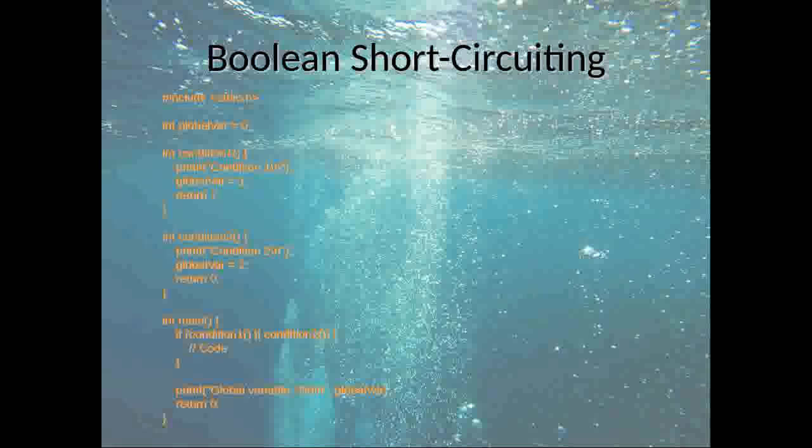In condition 2, it sets the global variable to 2, and then inside the main, it has if condition 1 or condition 2, then do some code and print the variable, which seems straightforward.